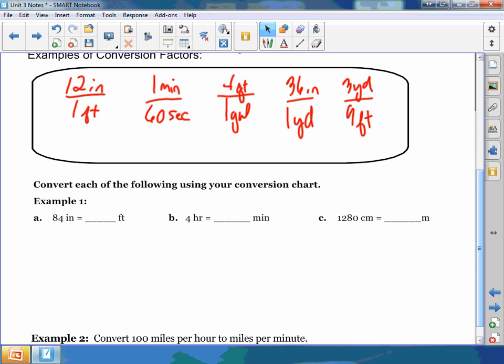Did you have them? You might find yourself going back to that bell ringer scenario where you're thinking, okay, do I multiply, do I divide?